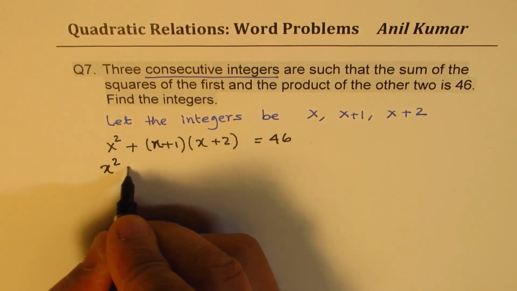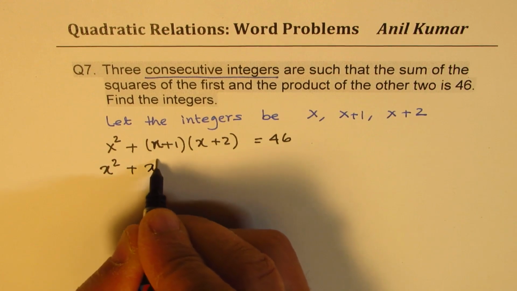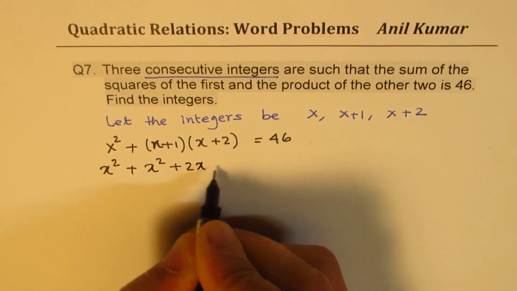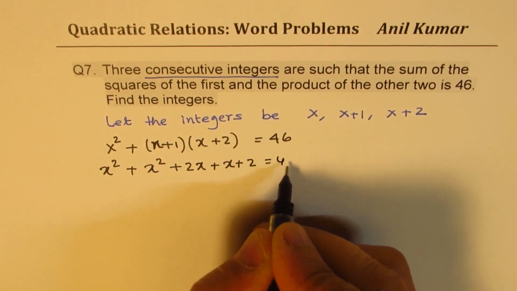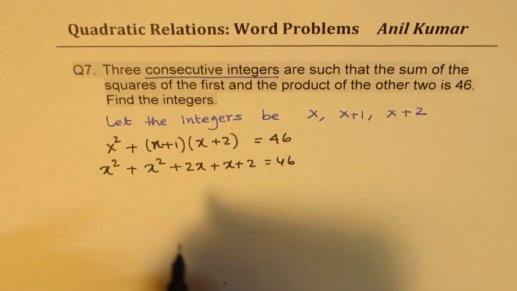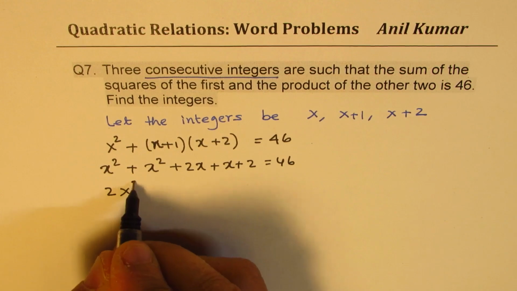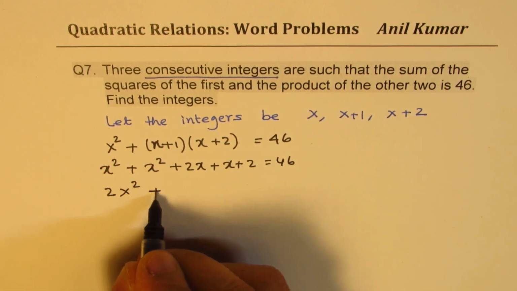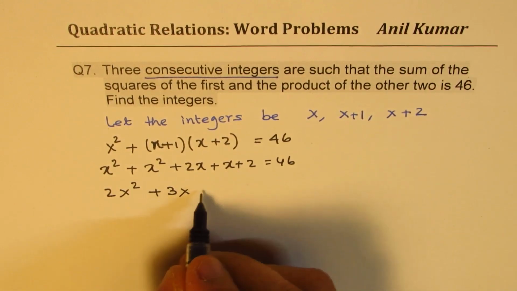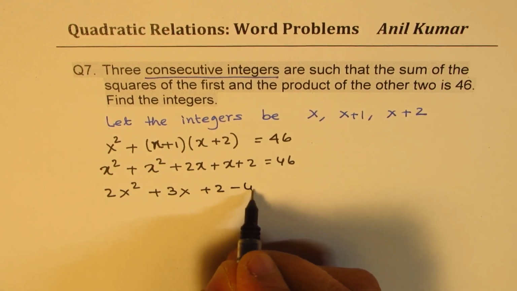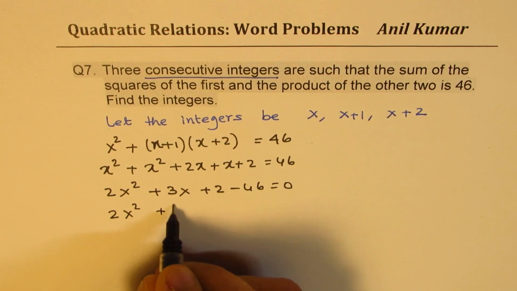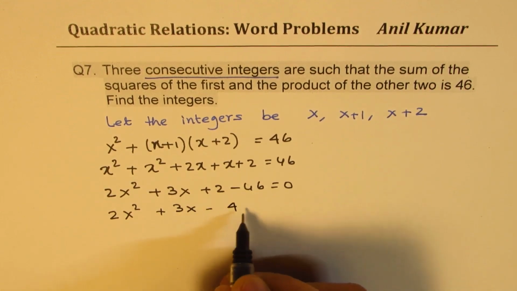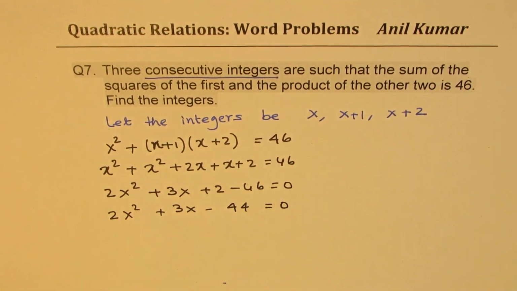So we have x square plus, when you multiply, you get x square plus 2x, plus when you do with 1, you get x plus 2 equals to 46. Bring them together. So we have 2x square, 2x plus x is 3x, plus 2, and then we'll combine, correct? So we have 2x square plus 3x minus 44 equals to 0.